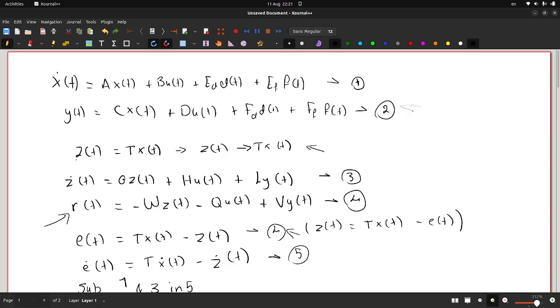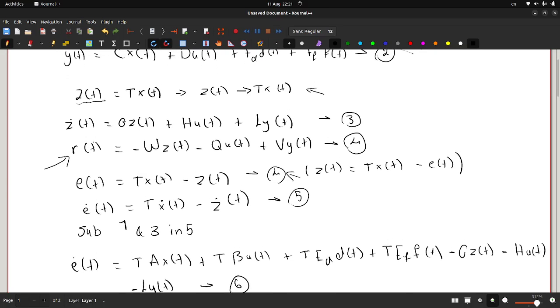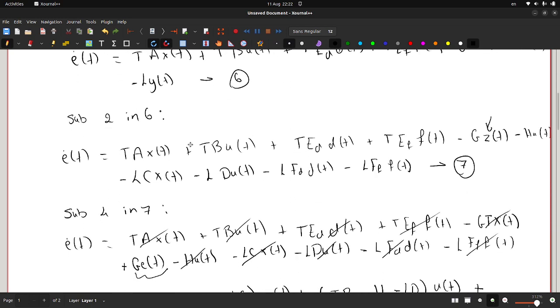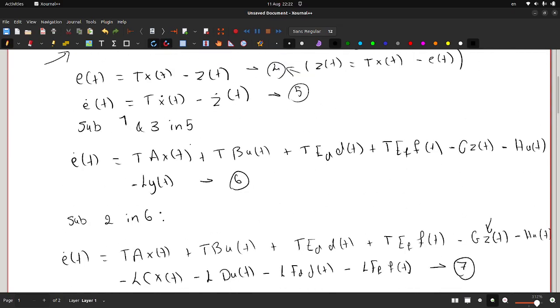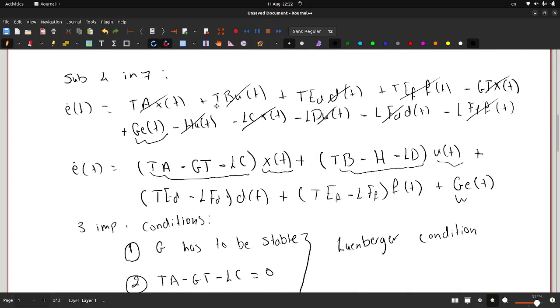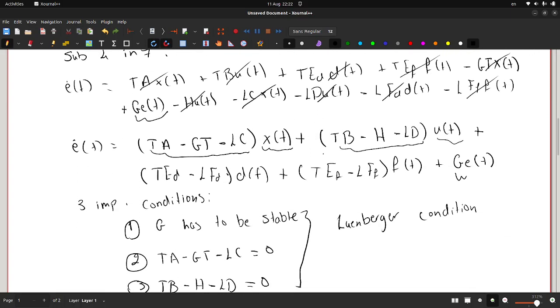So we have a transformation matrix to get some of the states, and we call them Z of t, and then we get the new dynamics, which is Z dot of t, and the residual signal as such, and then we get the error signal, and we denote it as Tx minus Z of t, and from the error signal, we conclude three main conditions.